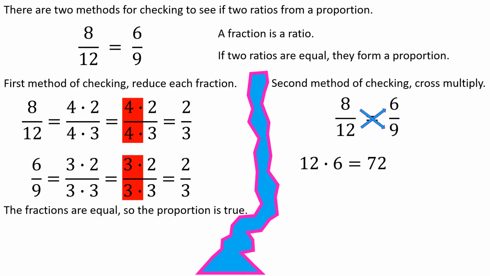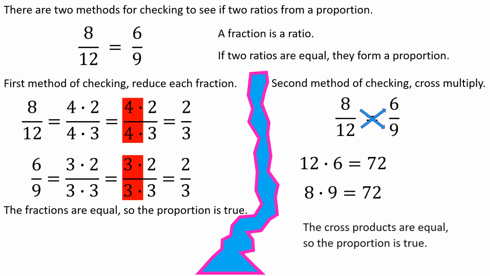And then the numerator of that fraction will multiply the denominator of the other fraction. 8 times 9 is 72. That's why we call it cross multiplication. Notice that 72 equals 72. The cross products are equal, so the proportion is true.